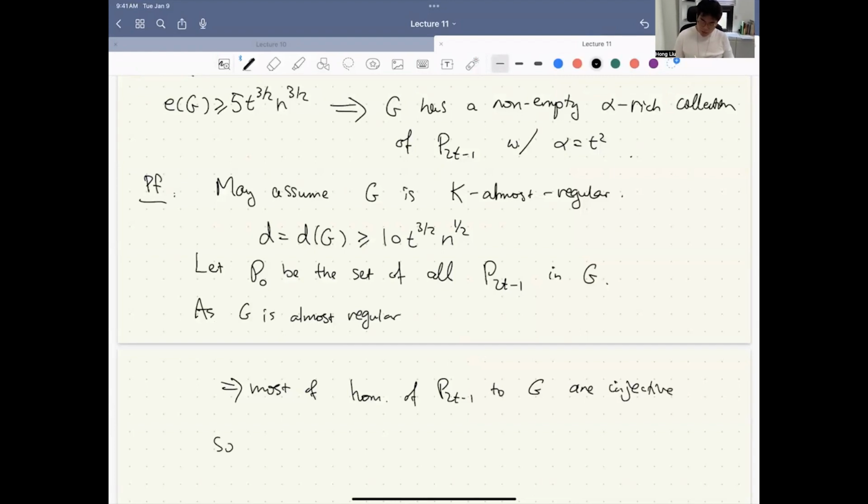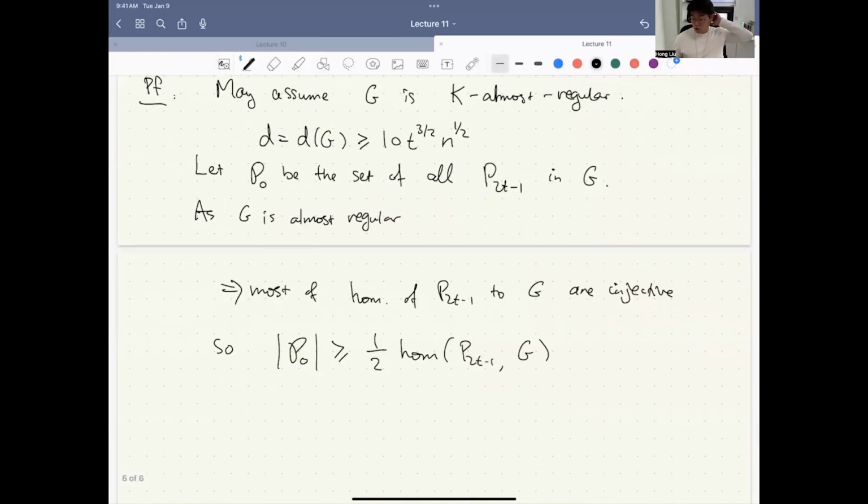Meaning, the number of paths in our initial collection, there are a lot of them. Let's say at least half of the number of homomorphisms of P_{2t-1} to G. If this is not clear, why? Try to prove it as an exercise, all right?